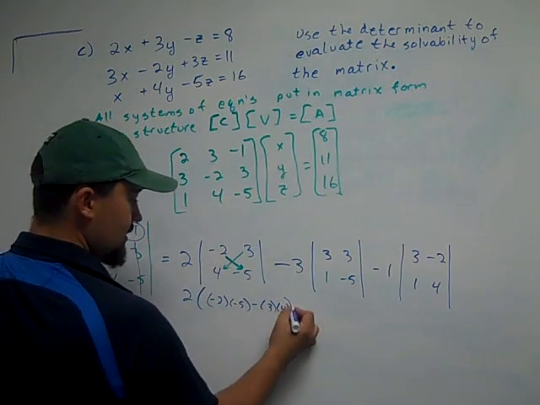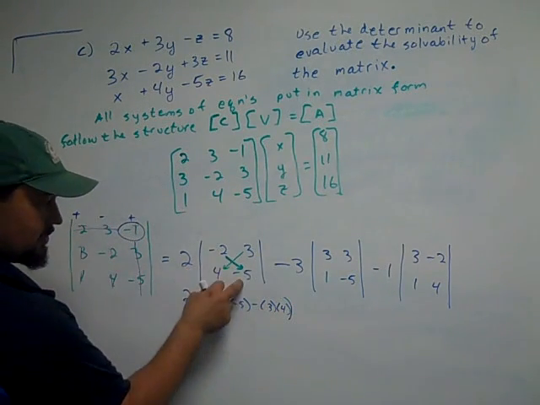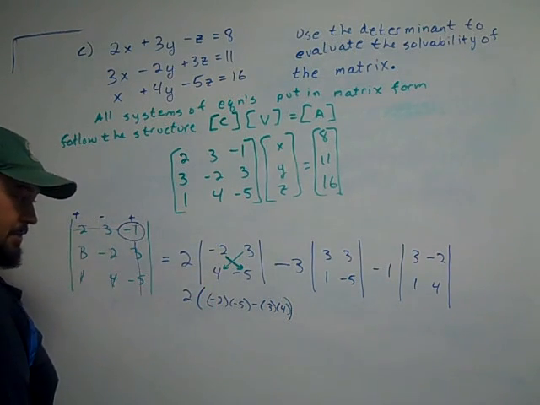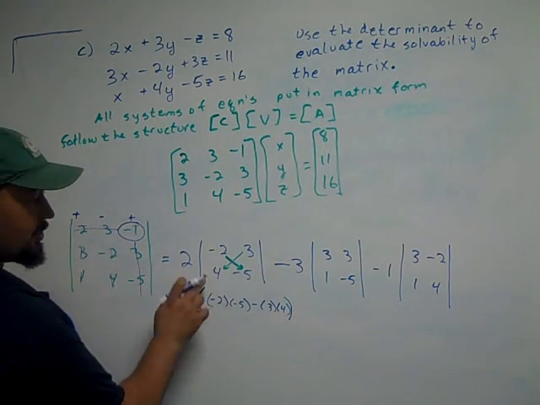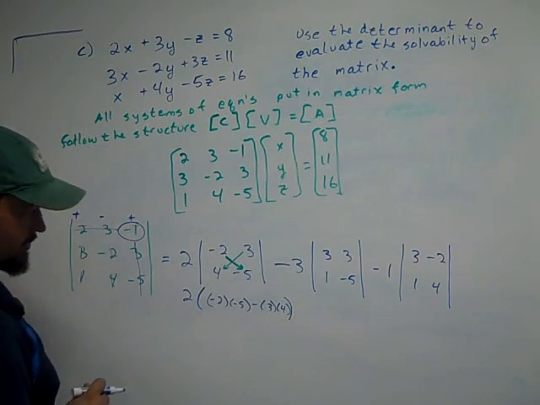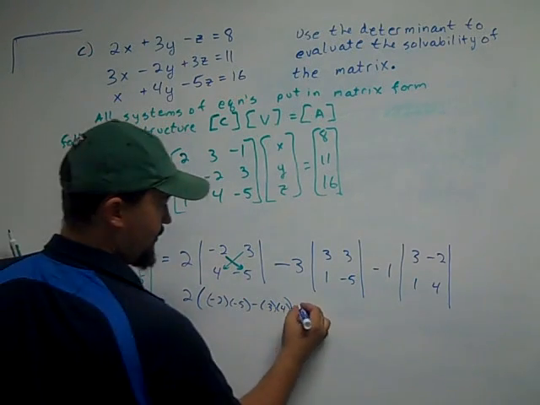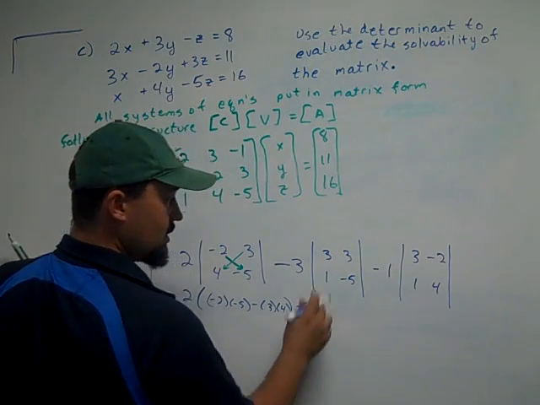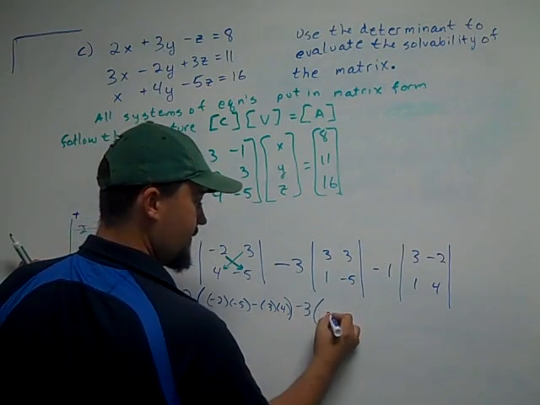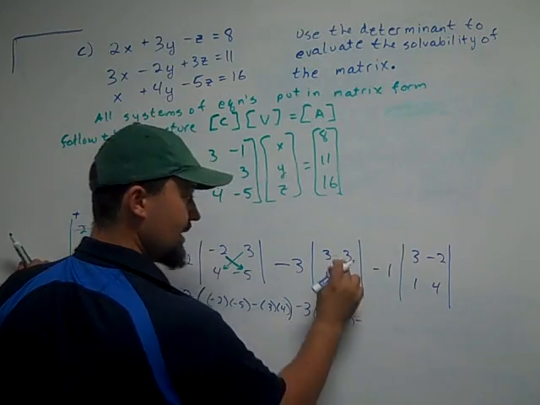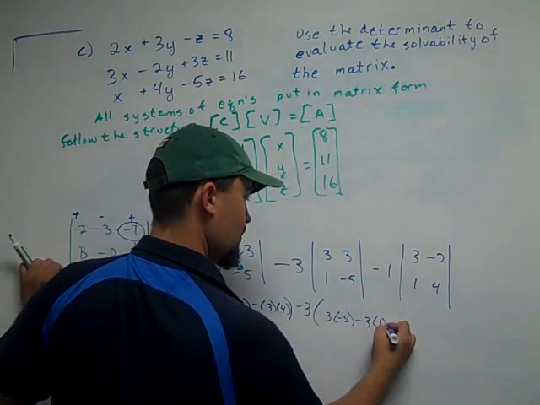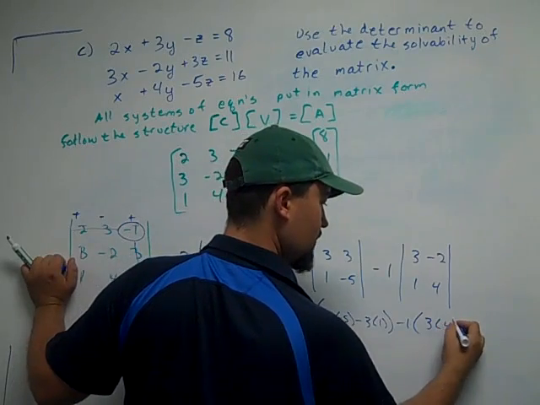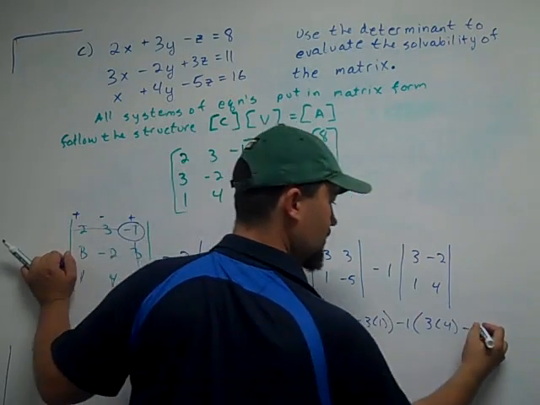Now, normally I do determinants of 2 by 2s in my head, but since it's a constructed response question, we want to go ahead and show that we fully understand how to do determinants of 2 by 2s by writing more than we ever would normally if we were solving. So now we have 3 times -5 minus 3 times 1. 3 times 4 minus -2 times 1.